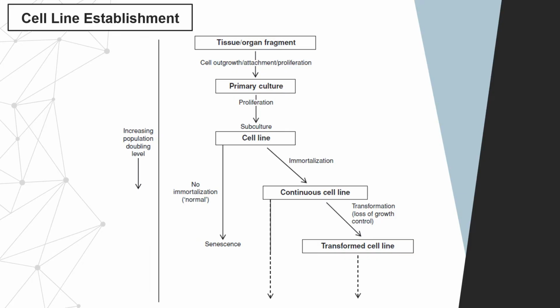And if you just keep growing this cell line without any immortalization or any genetic manipulation, over time they will reach senescence. But if you want to create a continuous cell line, you have to allow them to go through certain manipulation processes before they become a continuous cell line and even a transformed cell line.